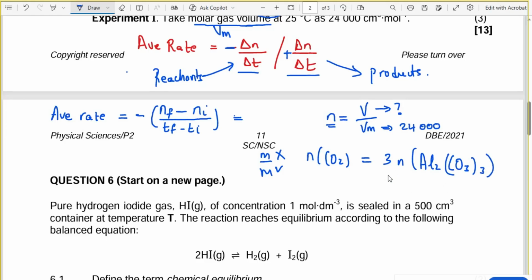Guys, it's very important for you to understand why I'm using this formula. Why am I saying the number of moles of carbon dioxide will be 3 times the number of moles of aluminum carbonate we started with initially? Because the mole ratio is 1:3.